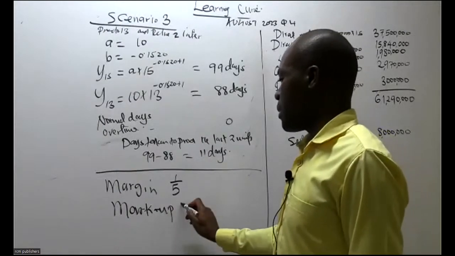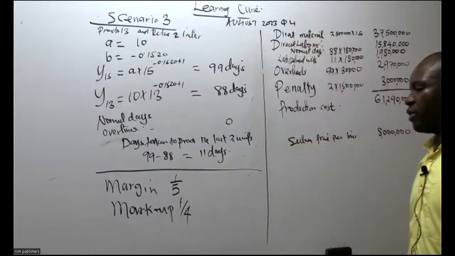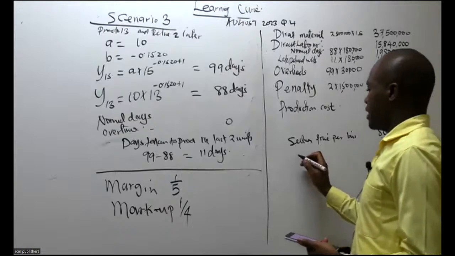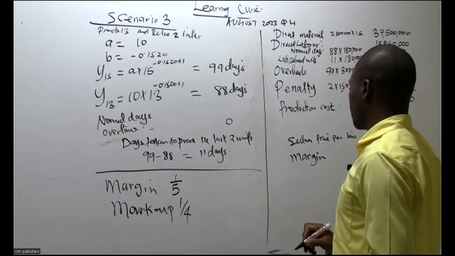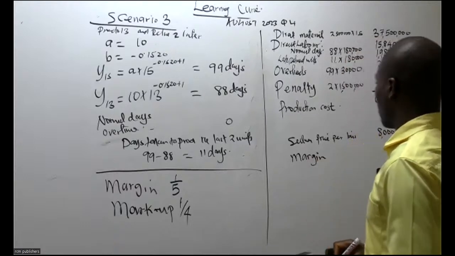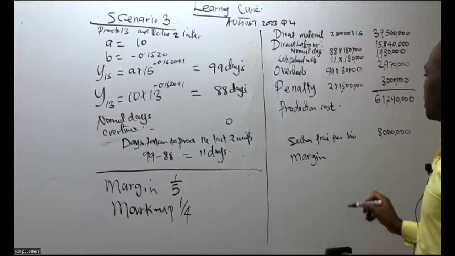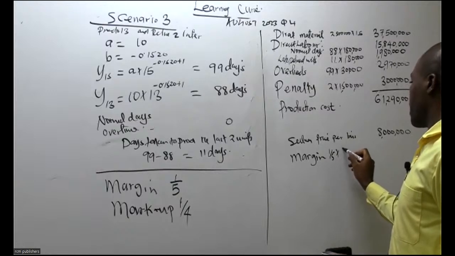So it means your markup will be 1/4. Now, if you have that, let's get the margin. Margin itakuwa ngapi? Margin is equivalent to 1/5 of 8 million.